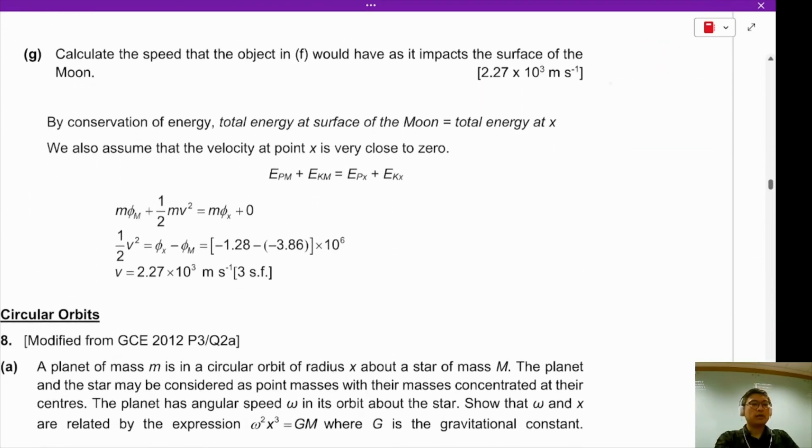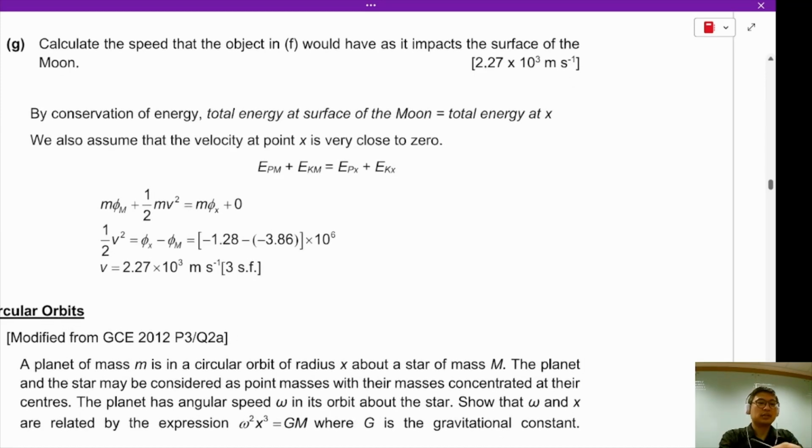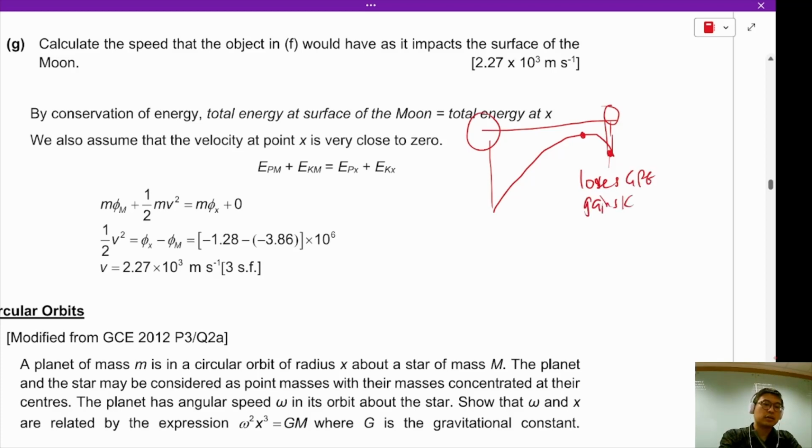Calculate the speed that the object would have as it impacts the surface of the moon. This is the potential diagram between the Earth and the moon. We notice that as the object reaches the moon, it loses GPE and gains KE. Using the conservation of energy, the KE at X plus the GPE at X will be equal to the KE on the surface of the moon plus the GPE on the surface of the moon.